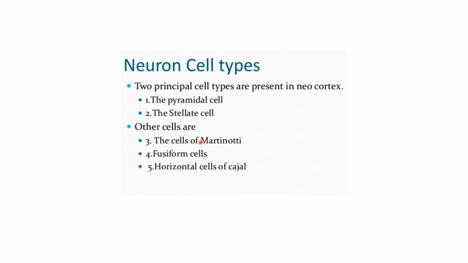The other cells are the cells of Martinotti and fusiform cells, which resemble the pyramidal cells. The others in the superficial layer of the cortex are the horizontal cells of Cajal.